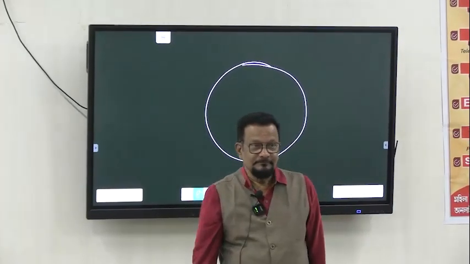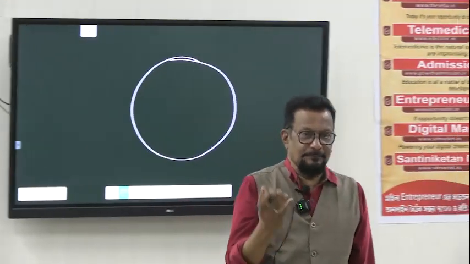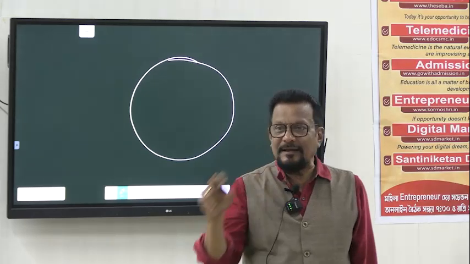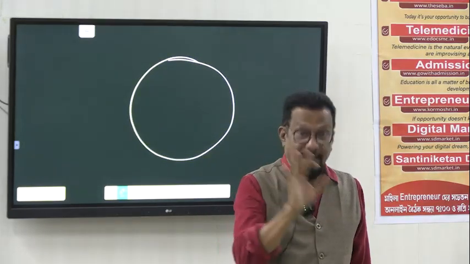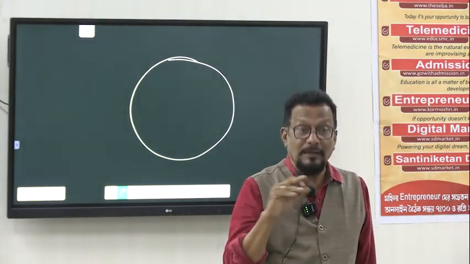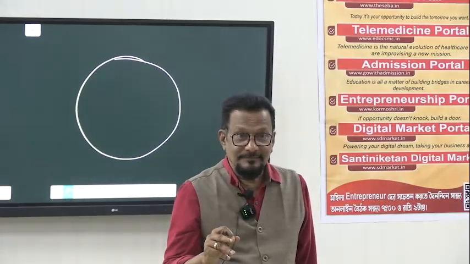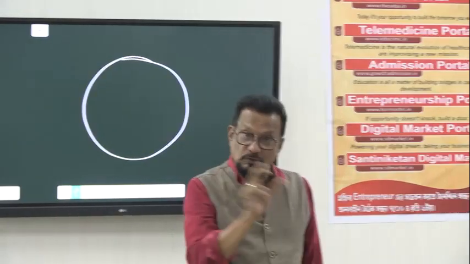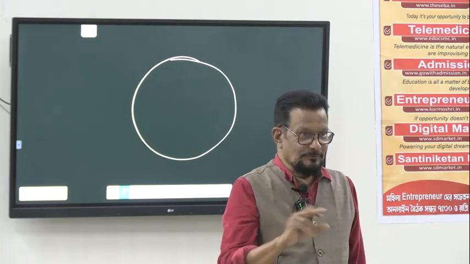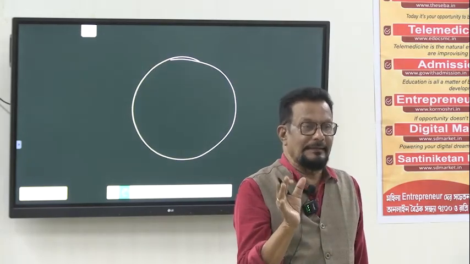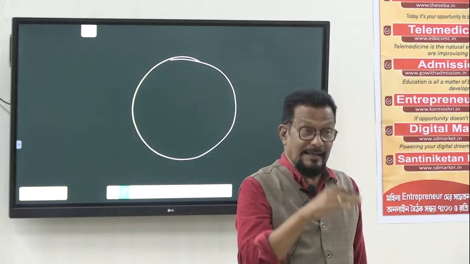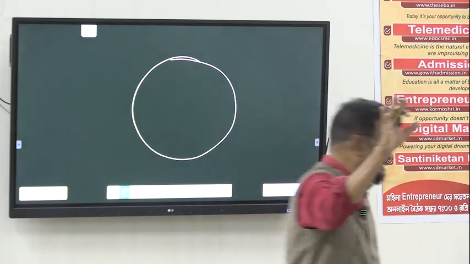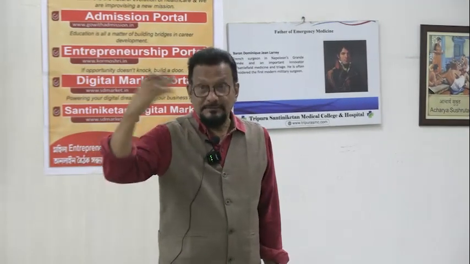Outside the cell, the cell membrane is normally polarized. Polarized means both the charges are there. The cell membrane is normally polarized, particularly in excitable cells. Can you name the excitable cells?